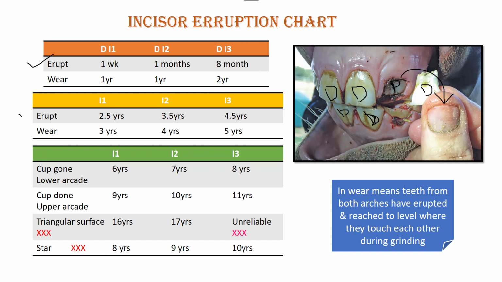These eruption dates are the time when the deciduous teeth fall and the permanent tooth starts to appear. And as this permanent tooth starts to grow and comes to the time that the permanent teeth from the upper dental arcade and the lower dental arcade touch each other, that is the time we can say the teeth are in wear.